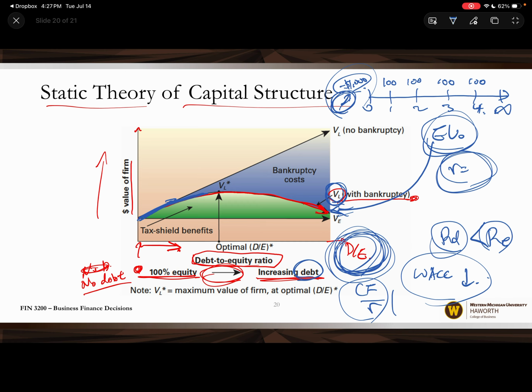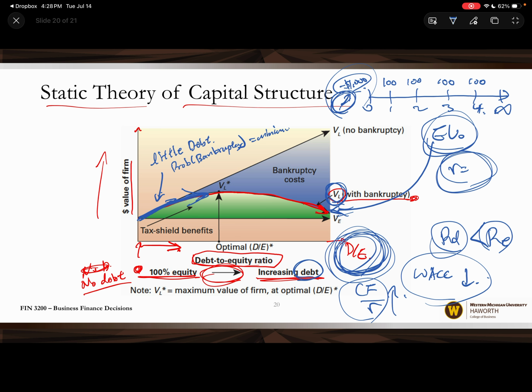The important part here is that up to a little bit of debt, the bankruptcy probability is minimal. That's why it just increases the enterprise value.